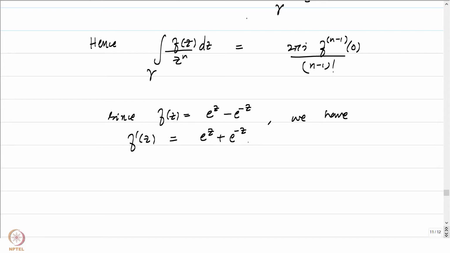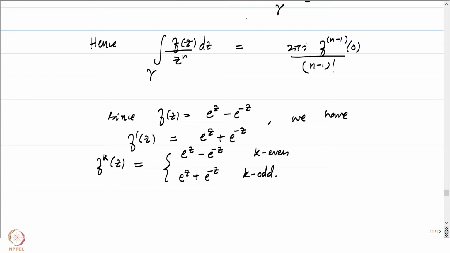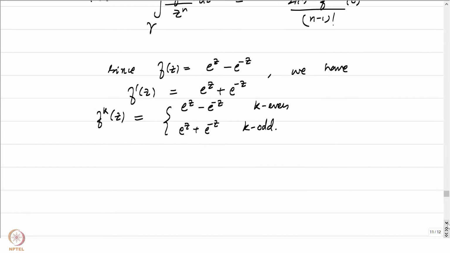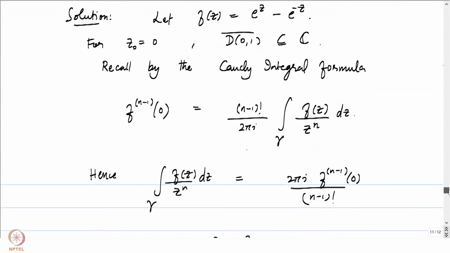So, basically f k of z is going to be equal to e to the power z minus e to the power minus z when k is even, and it is going to be e to the power z plus e to the power minus z when k is odd. And therefore, the evaluation of f k at 0 is either 0 or it is going to be 2, based on whether k is even or odd.